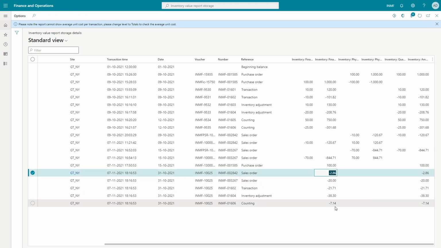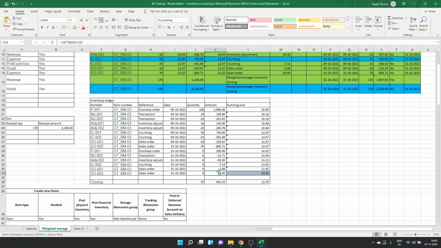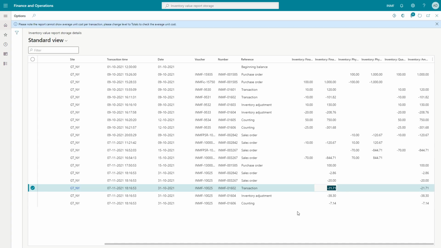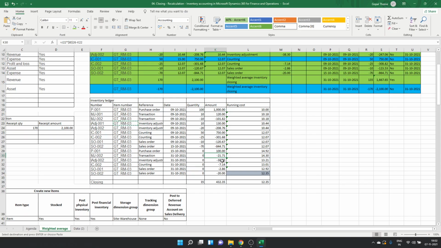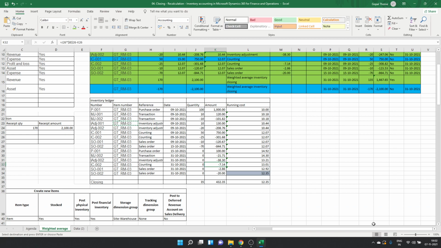Okay, so the system has sorted it. This is movement general down, 21.71. Then 38.30, 7.1. Okay, so this is exactly how weighted average works in the system.